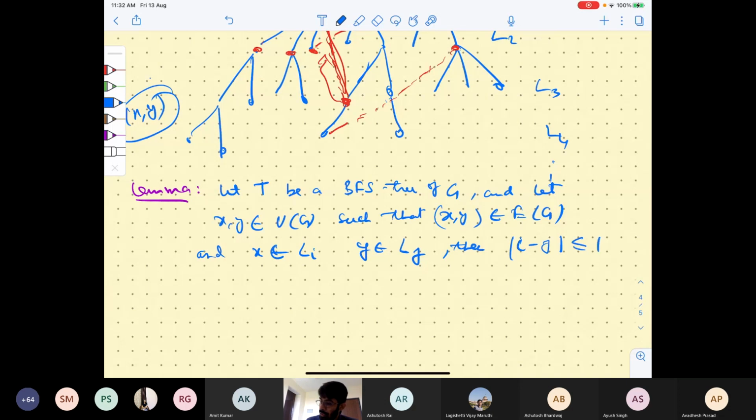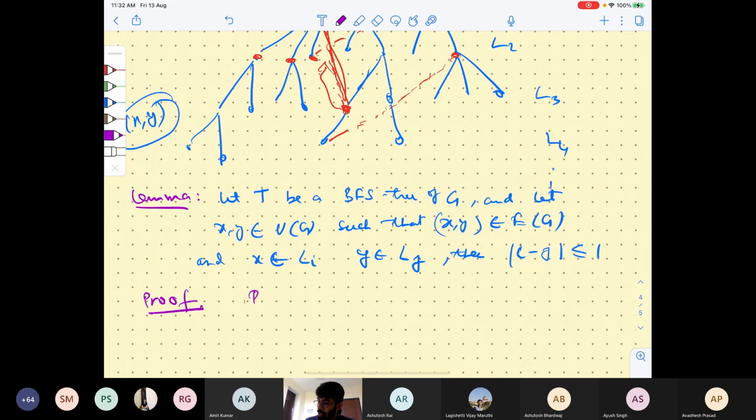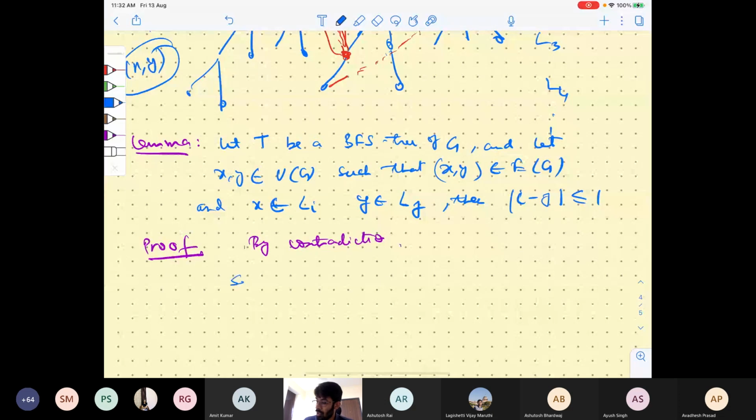Right? And what is the proof? The proof is by contradiction. So suppose i is less than j without loss of generality.